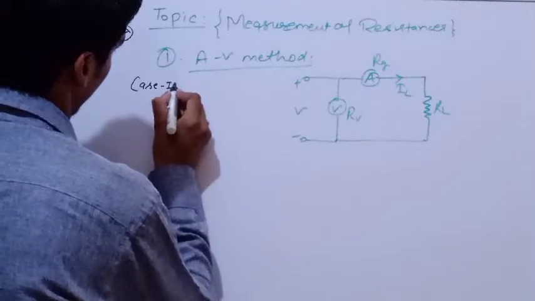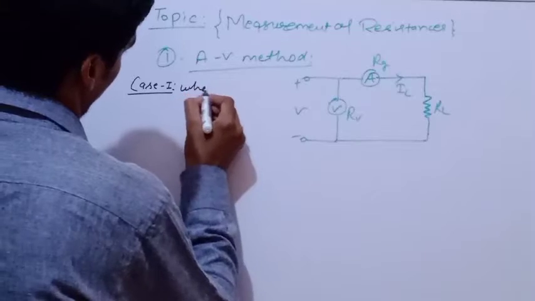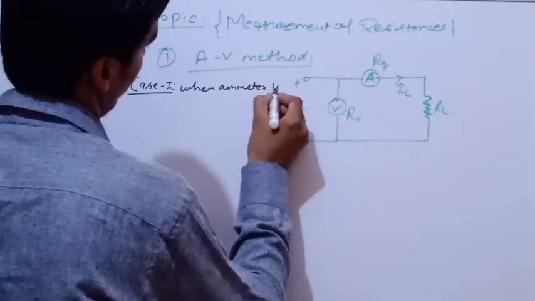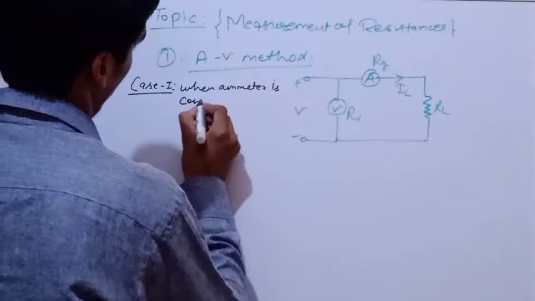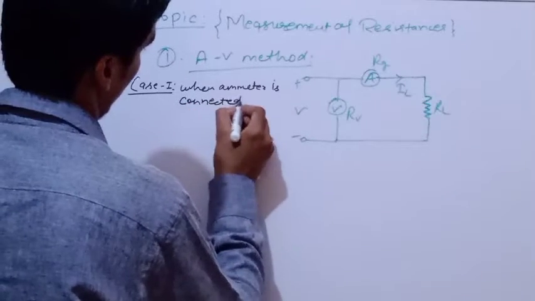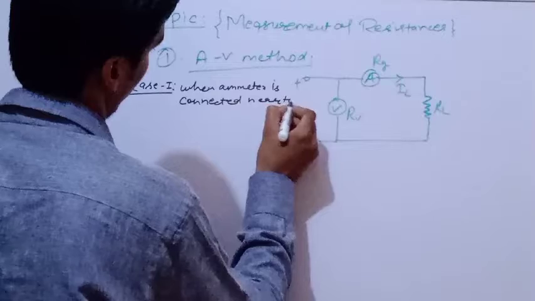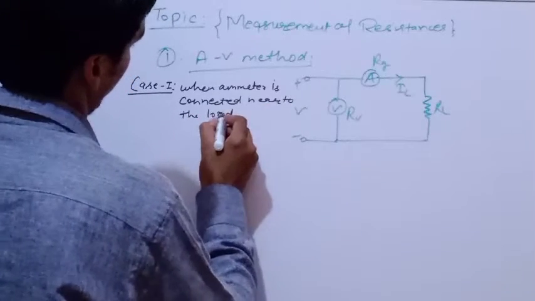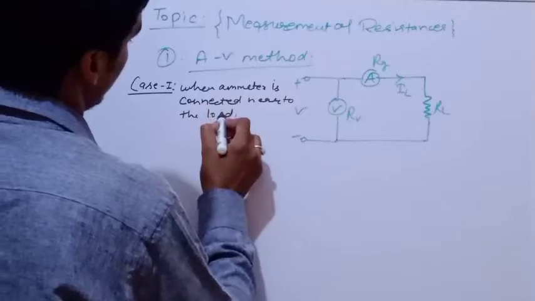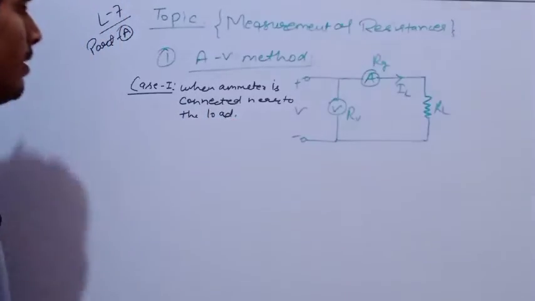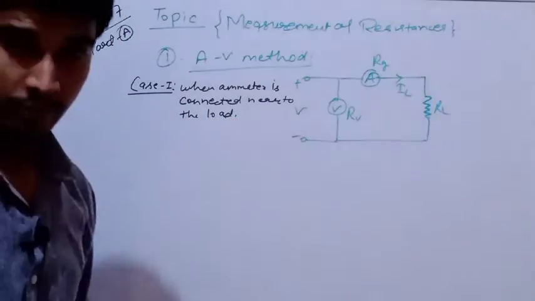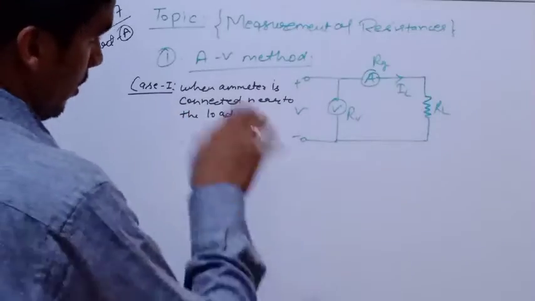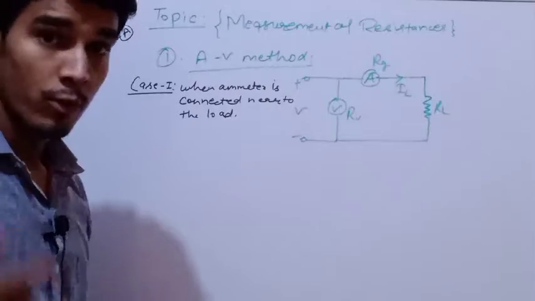When the voltmeter is connected near to the load, there will be different conditions in that situation, and in the next situation there will be different conditions.